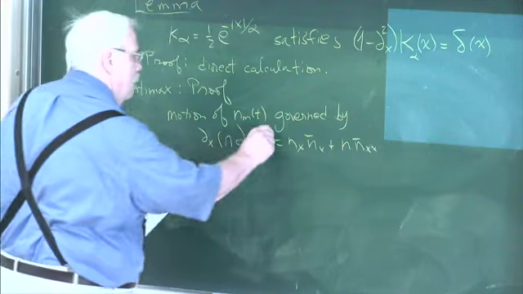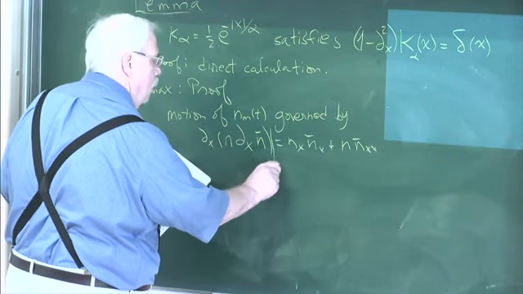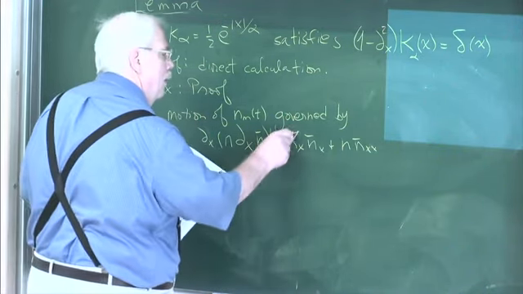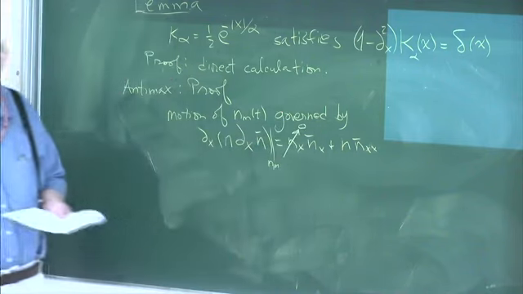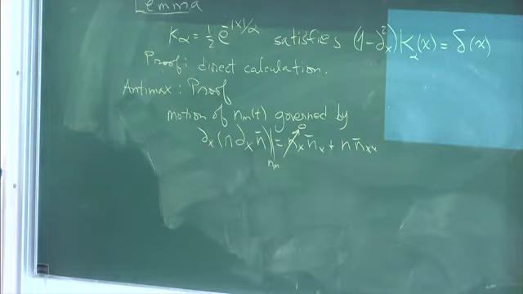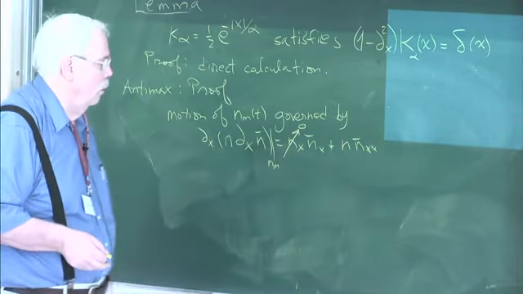We evaluate this at the maximum, for which n sub x is 0, so we'll have only this one left.